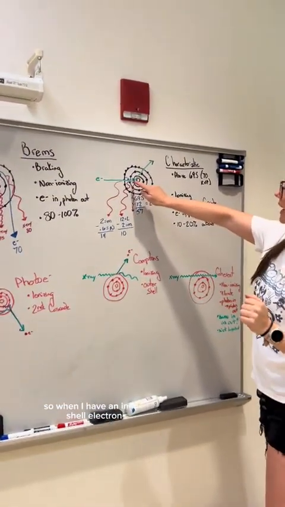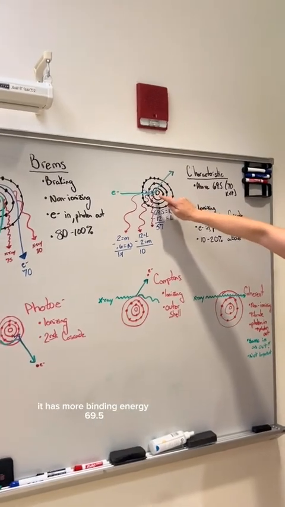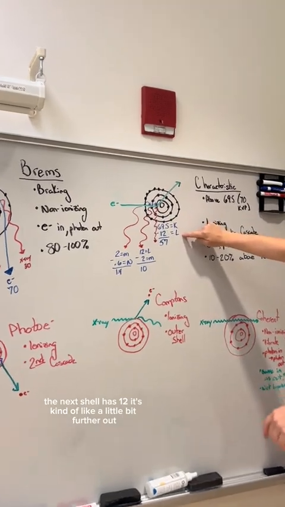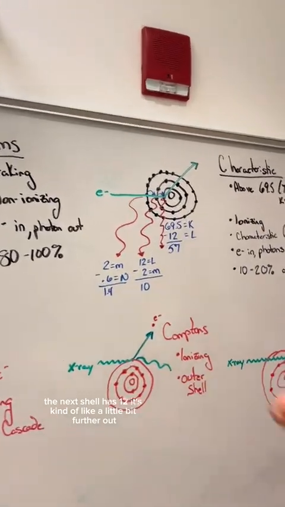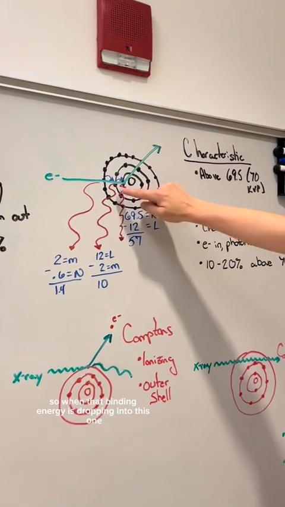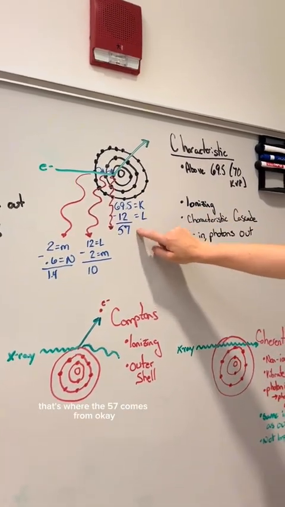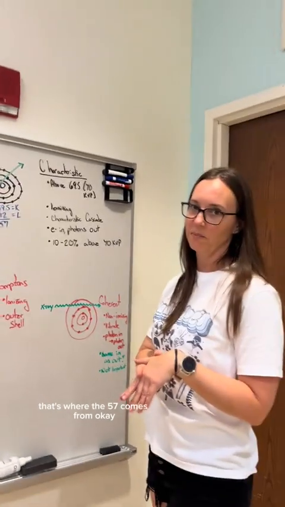So when I have an inner shell electron, it has more binding energy, 69.5. The next shell has 12, it's kind of like a little bit further out. So when that binding energy is dropping into this one, I have total energy to lose. That's where the 57 comes from, okay?